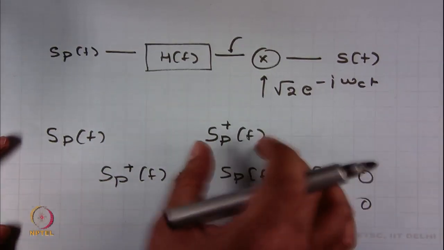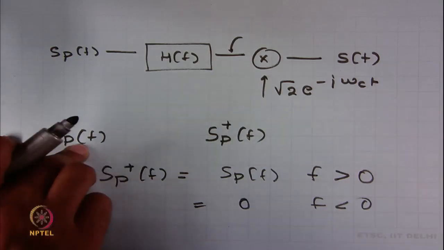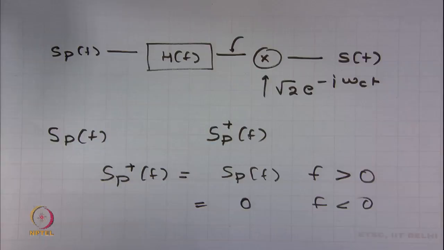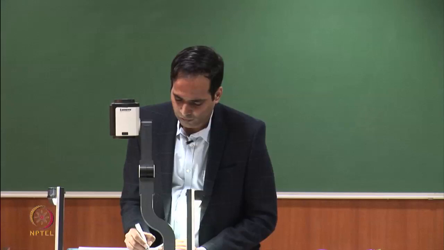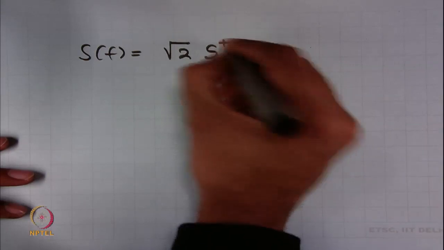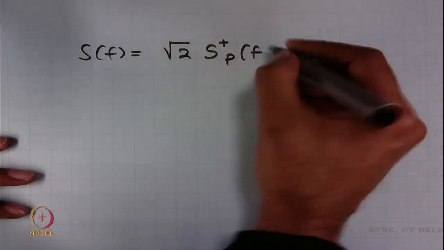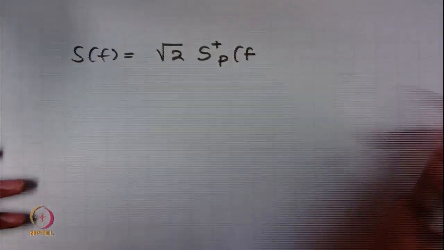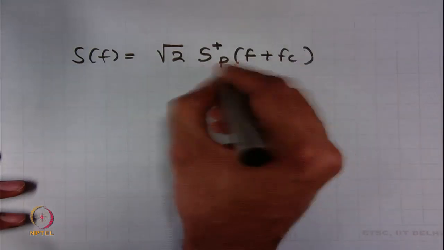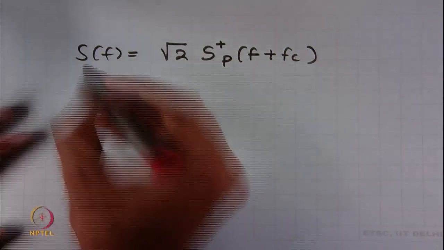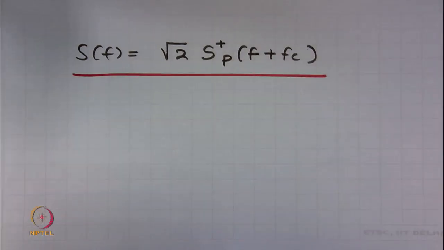So, it is just taking the positive part of the spectrum of sp(t), and that is what the Hilbert filter does, it just kills the negative spectrum. So, the spectrum of s(t), which I call S(f), should be root 2 times Sp+(f). Now, because of this complex exponential, we have the spectrum of Sp(f) shifted to minus fc. So, this relationship links the spectrum of the passband signal and the baseband signal.